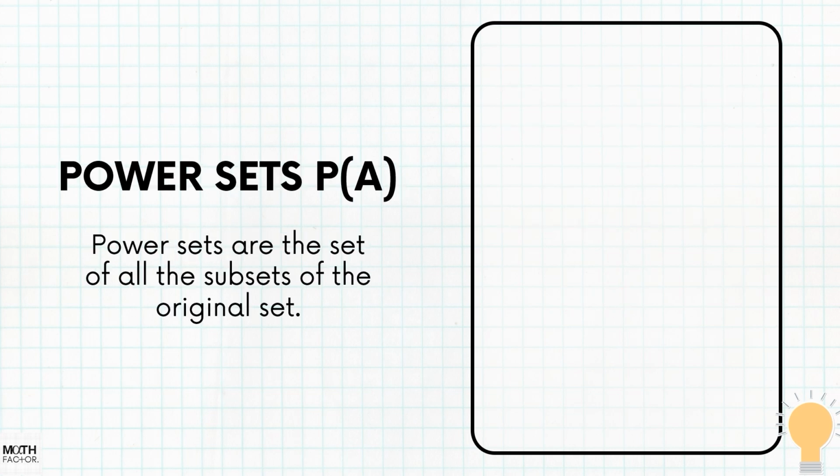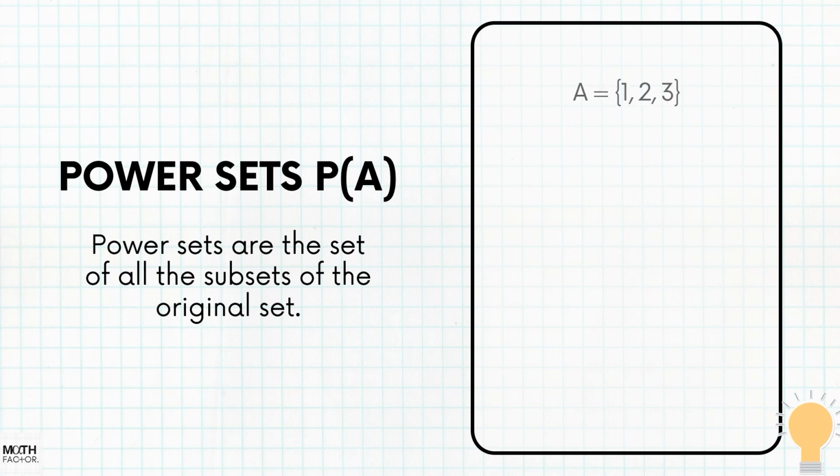And lastly, we have power sets. Power sets are the set of all the possible subsets of the original set. We will use P, parenthesis, the letter or the name of the set, and then close parenthesis as the name of the power set.